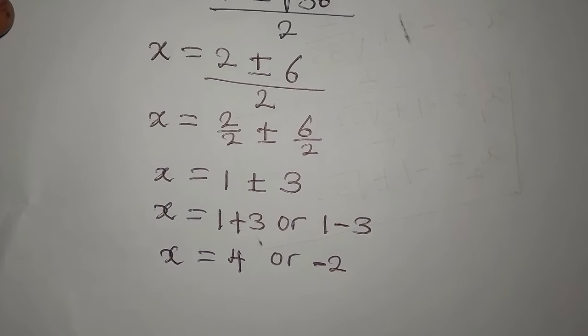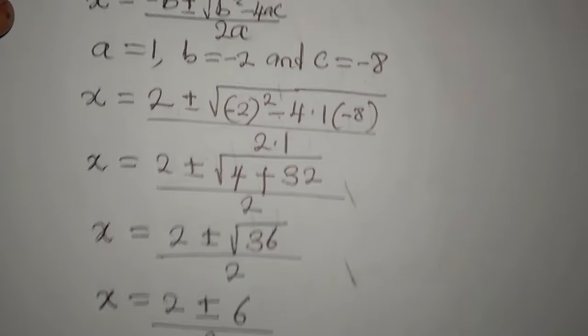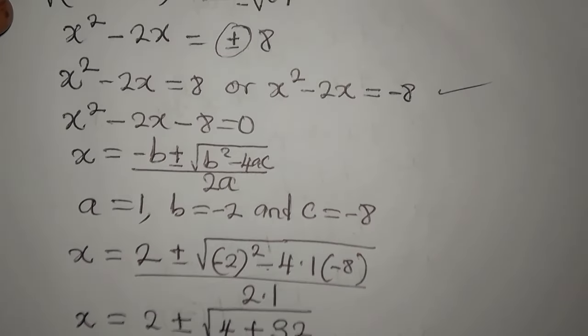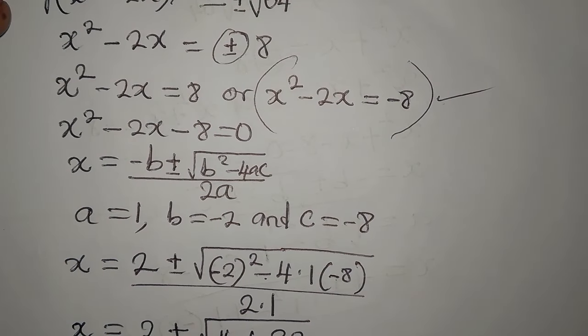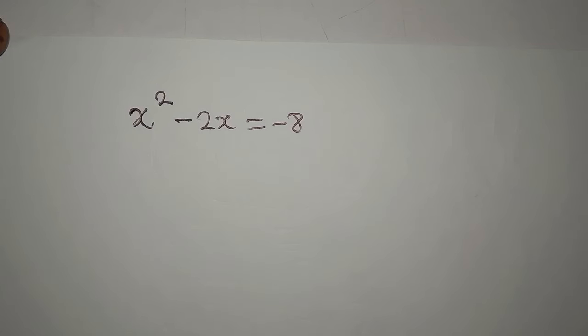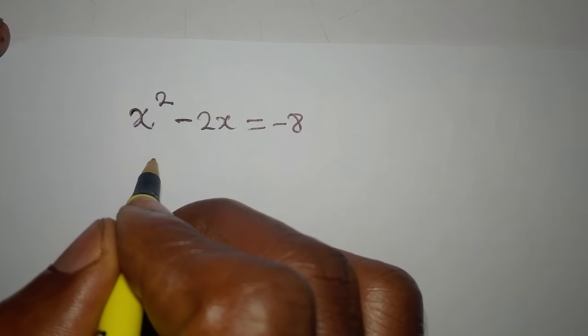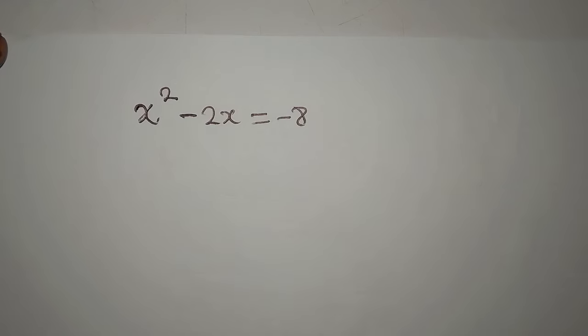Let's go back to the equation that we left out, and then we will deal with it. Look at it over here. Okay, this particular equation. So let's pick it up right away. From here we are going to get two more solutions, and we'll add them to the previous two.